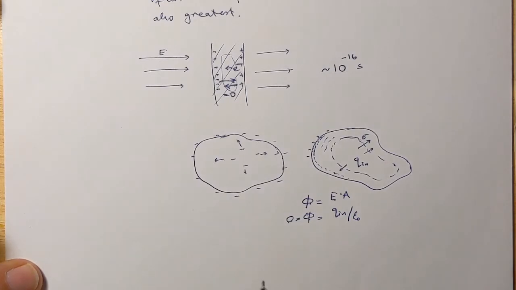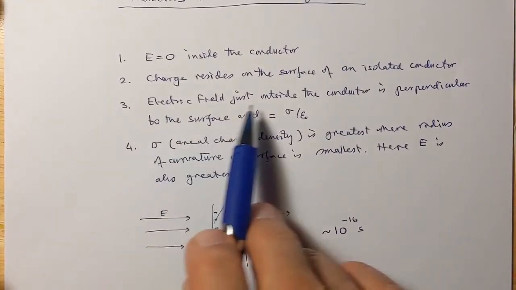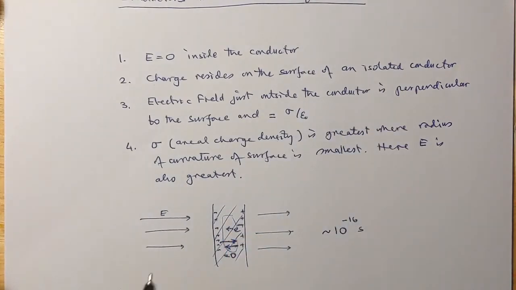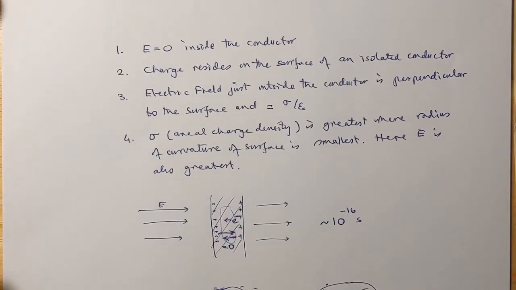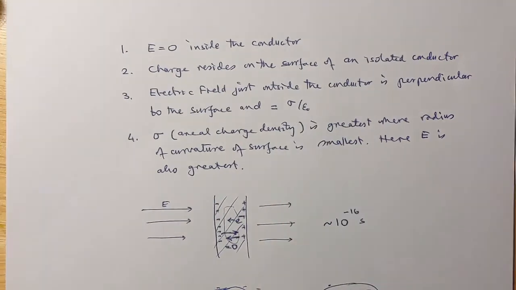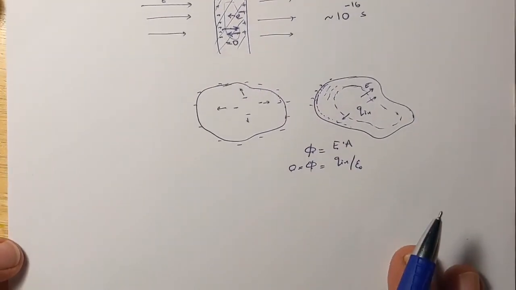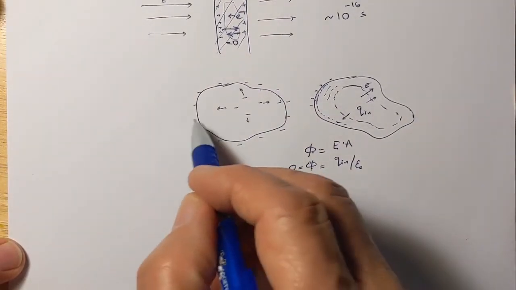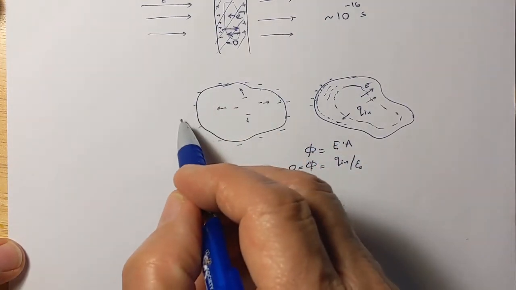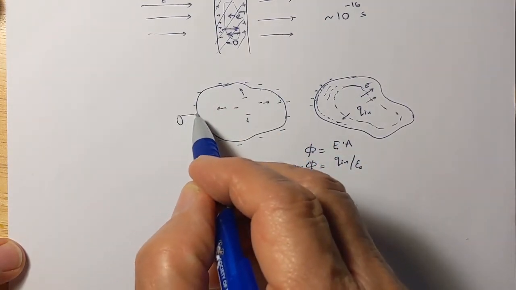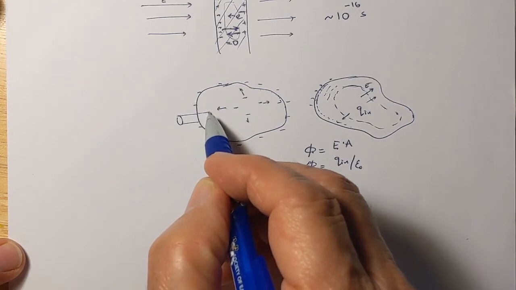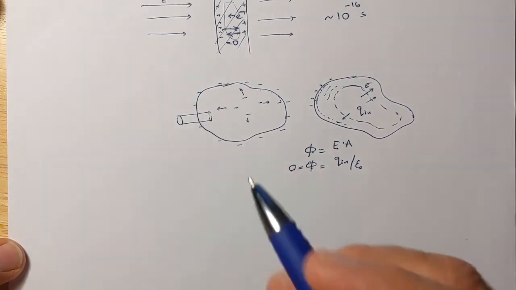Now, what is the nature of the electric field? Number three, the electric field just outside is perpendicular to the surface and is equal to the surface charge density divided by epsilon naught. We can make a cylindrical surface here, going inside, like what we did earlier.